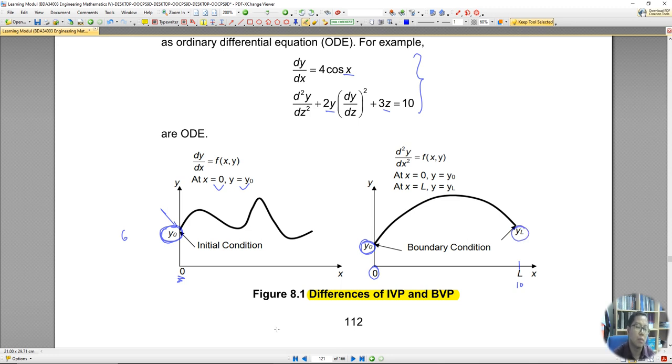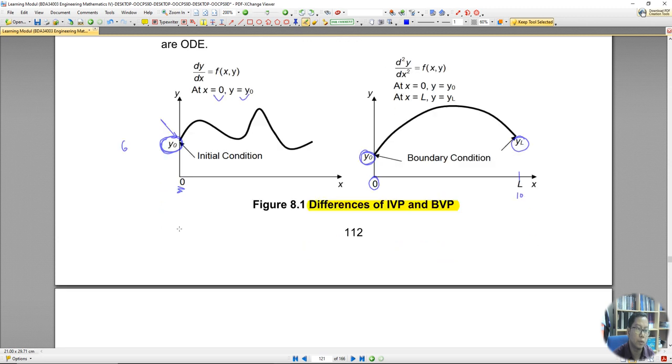This is what we call boundary value problem. We know the values at the first and last points, as compared to the IVP, where we only know at the starting point.